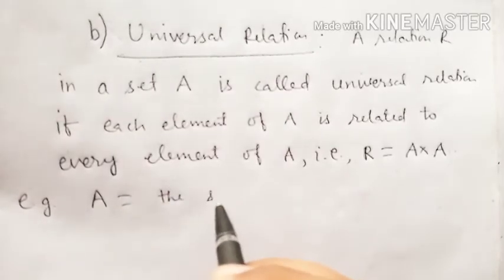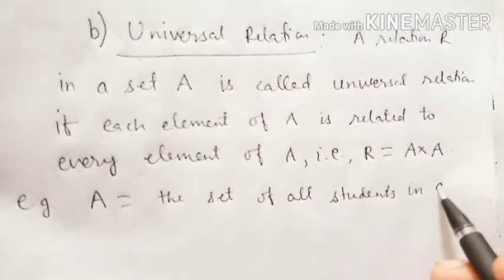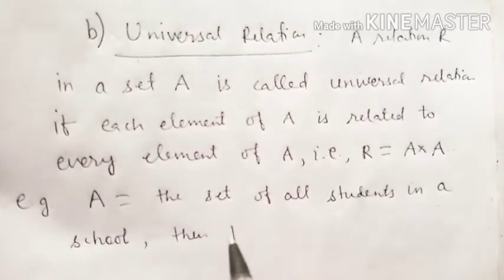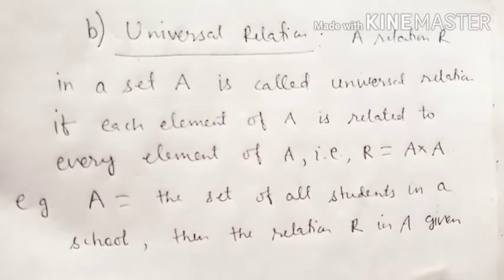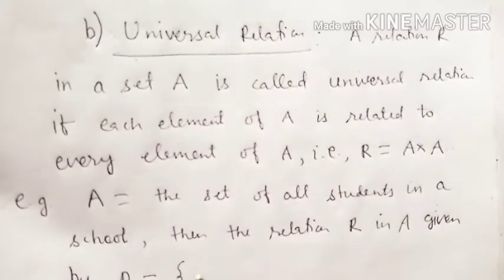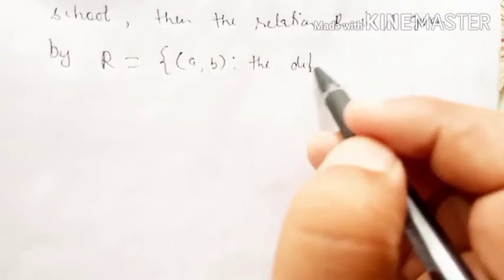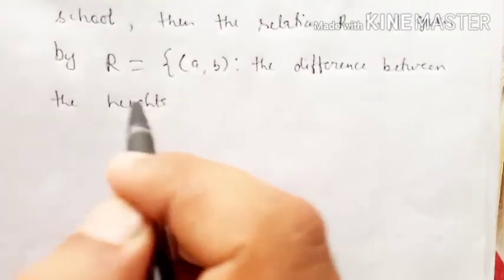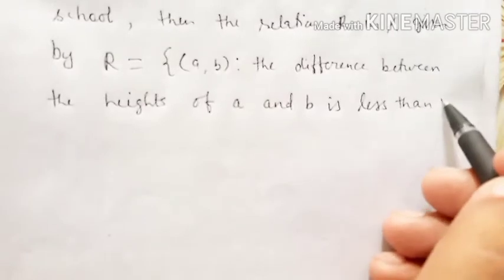For example, for the set of all students in a school, the relation R in A given by R is equal to the set of all ordered pairs (a, b) such that the difference between the heights of a and b is less than 3 meters.